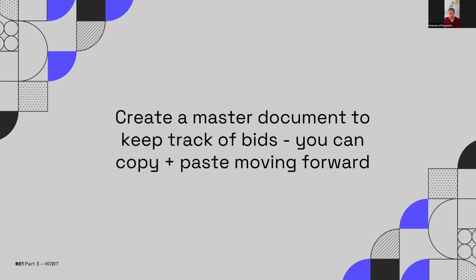Another way to help yourself, and another trick in how you write a funding bid, after you've done a number of bids, you can create a master bid document. And a master bid document is like a collection. It's a simple document, which is just a collection of commonly asked questions.